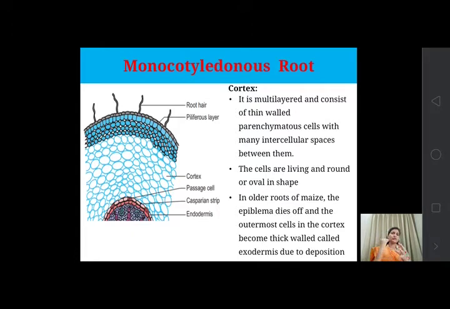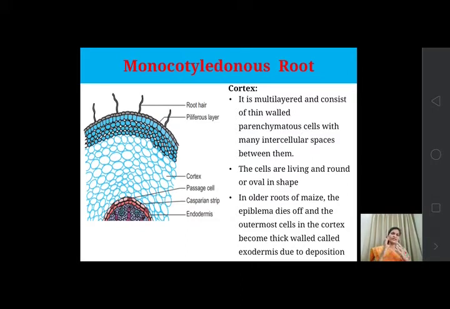There may be more than two or three layers, four or multiple layers. These cells are living and somewhat round or oval in shape, as you can see in the figure.